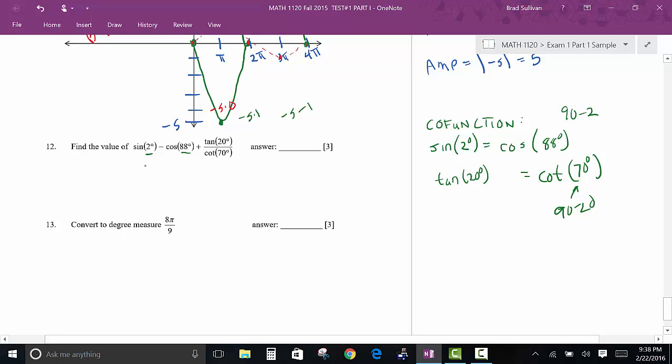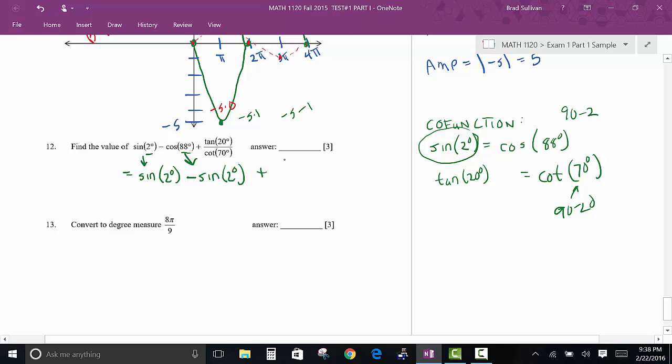Now you can do this kind of in your head, and you can do this in a number of different ways. I'm just going to not change the sine of 2 degrees. I'm going to leave that alone. But the cosine of 88 is the same as the sine of 2 degrees. So just replace that with sine of 2 degrees. Okay, they're the same. The sine of 2 and the cosine of 88 are the same number, so they're going to cancel out.